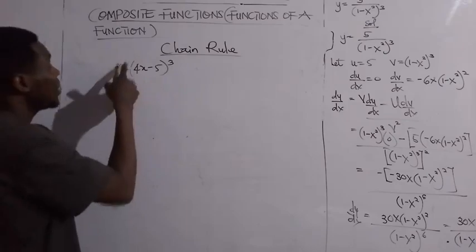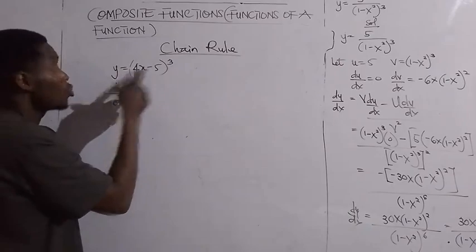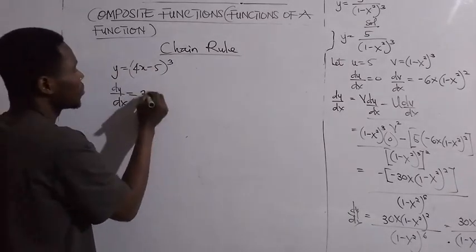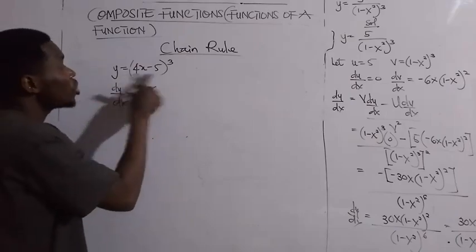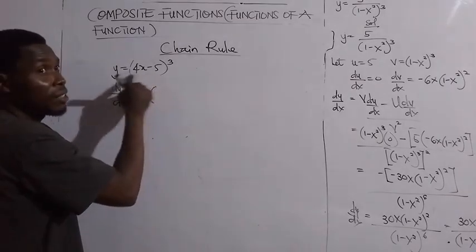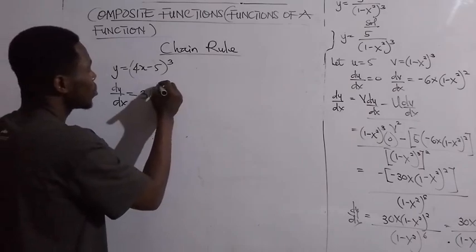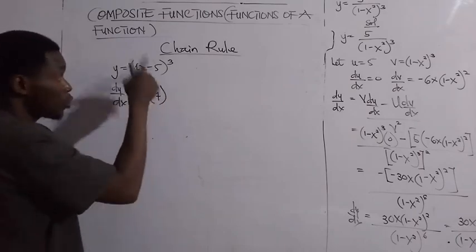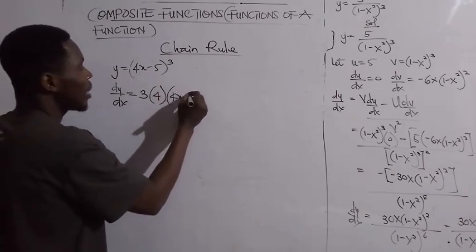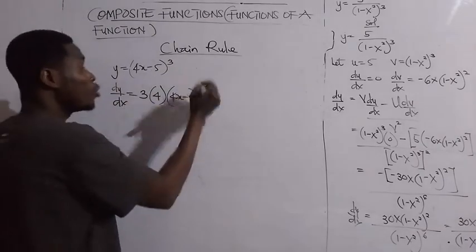You know that the bracket has a 1 in front of it, but it is not written. So the 3 comes down and multiplies the invisible 1. Open the bracket. Now differentiate what is here. When you differentiate, you get 4. Then repeat the bracket, 4x minus 5. Now subtract 1 from the exponent. We subtract 1 from the 3, you have 2.